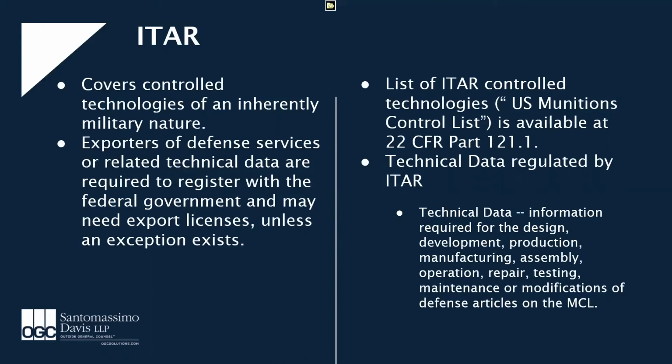Things of design, blueprints, production, how-to information, manufacturing, testing, repair, all of that type of information, while not a physical widget per se, may come under the export control regime. So you need to know whether your item comes under that. And if you want to transfer or submit that information to a foreign person, most likely you're going to need to go over this review to determine whether you need a license.